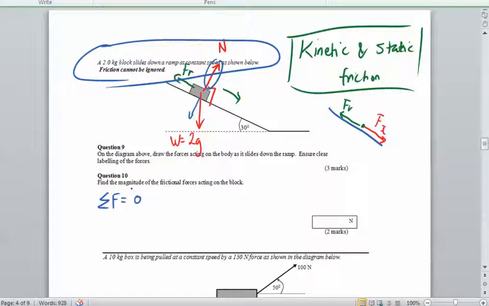So let's draw our little diagram. This angle is 30 degrees. That means that this angle here is also 30 degrees. So let's draw that triangle. We've got 30. This here is our weight force, which is, well, that's wrong, isn't it?